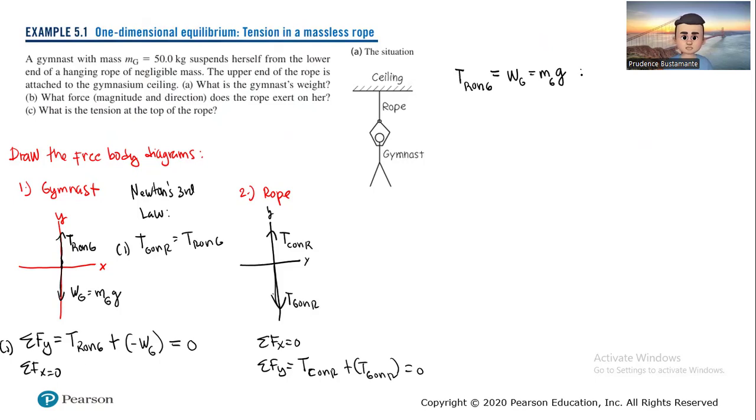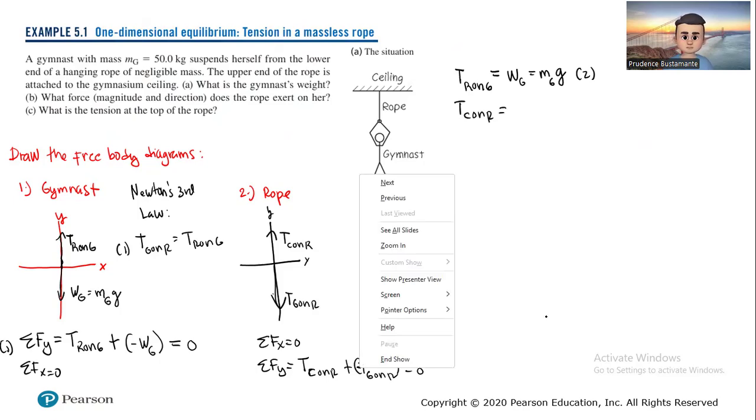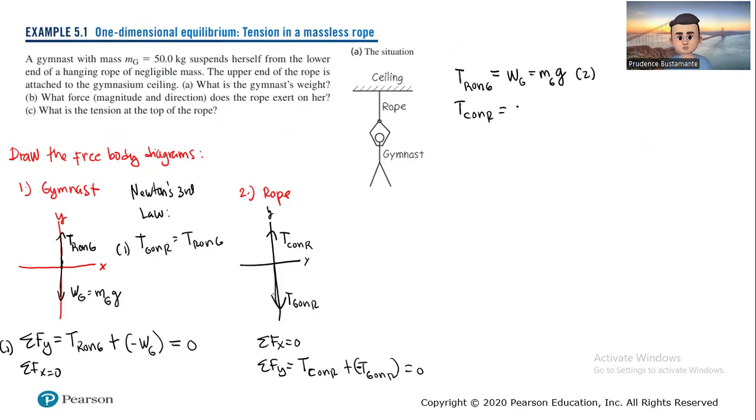So this is our equation 2. And from here also, the tension of the ceiling on the rope is equal to, this is actually negative, the tension of the gymnast on the rope. This is our equation 3. So we have three equations. 1, 2, 3. Let's now answer letter A.